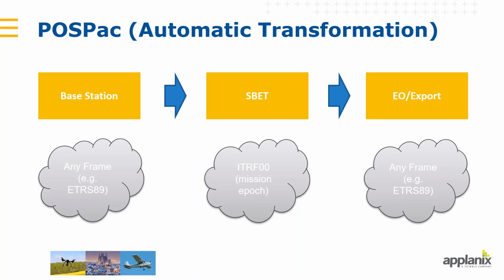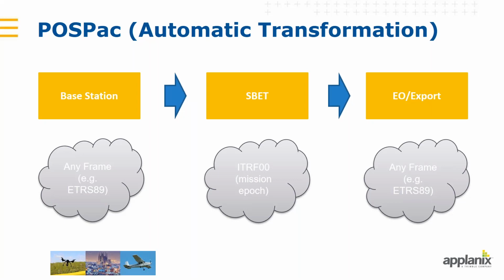So for instance, in Europe, the most common frame that's being used here is the European Terrestrial Reference System called ETRS 89. That's similar to North America, where the NAD 83 is used, or in Australia, we have the GDA 2020. So you have to tell POSPac, my coordinates of that base station are in that specific frame.